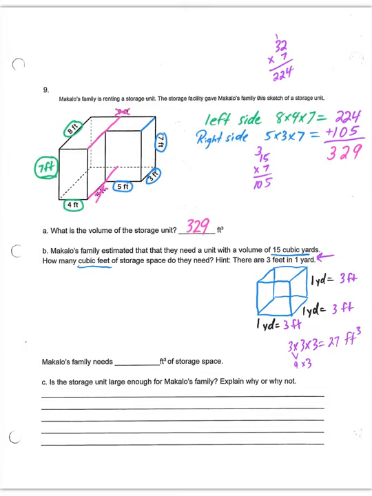Now that's just 1 cubic yard. So 1 cubic yard is 27 feet cubed. So we look back here again. Now that I did that work, I understand what a cubic yard is. Now I can use this new information, this 27 feet cubed, to come up with an answer.